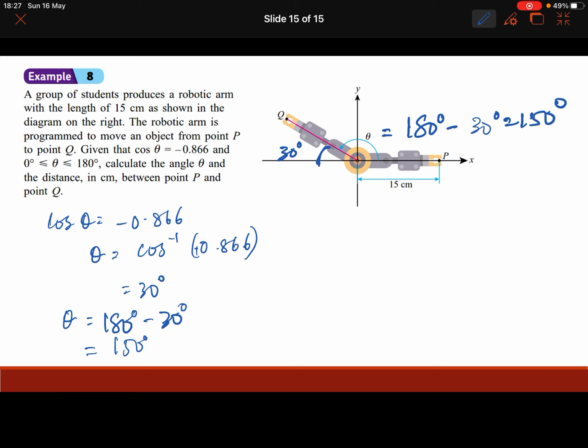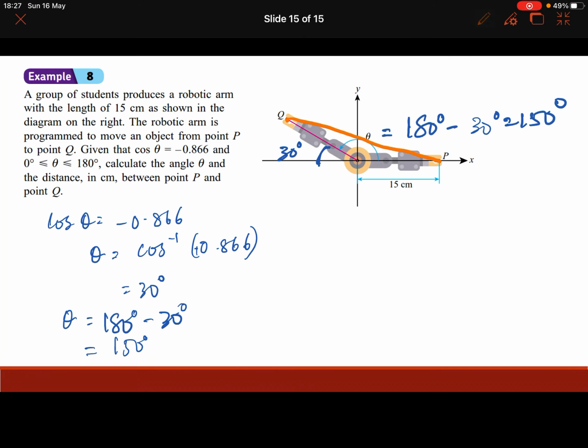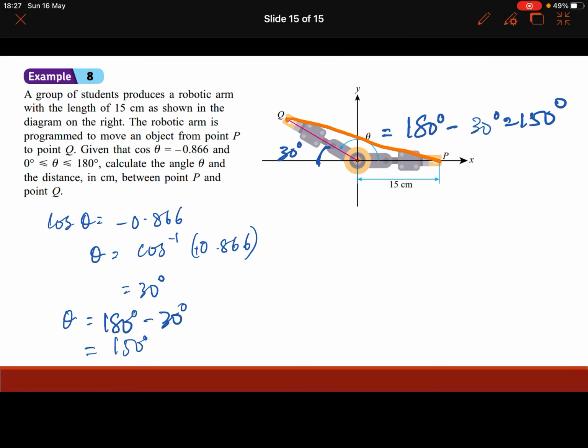Okay, next, to calculate the distance between point P and Q. The distance is like this, PQ. So how are we going to calculate that? First, why don't we try using a right-angled triangle here?